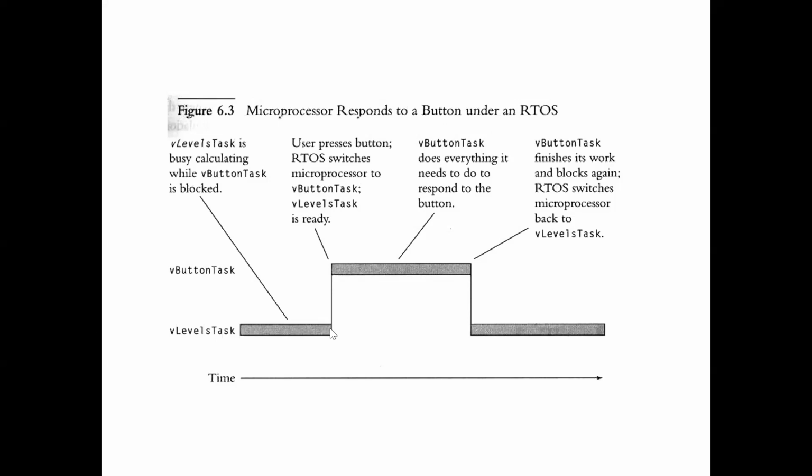The level task is in running state, and after some time an external user presses the button. Because of this, the microprocessor or microcontroller switches the control of the CPU from the level task to the button task. And why has it switched? Because the button task has the highest priority.